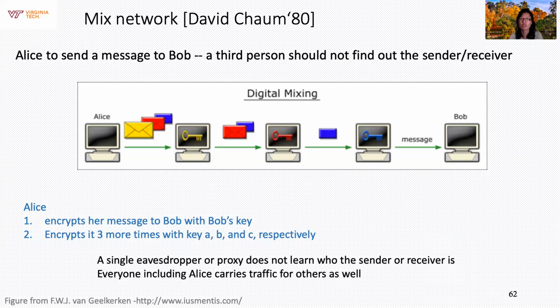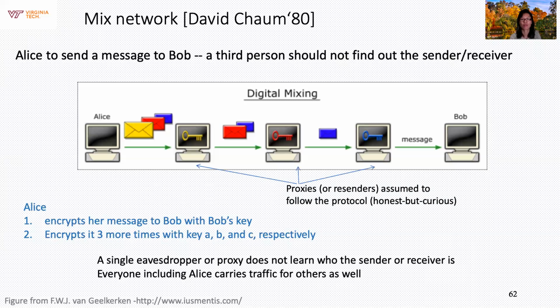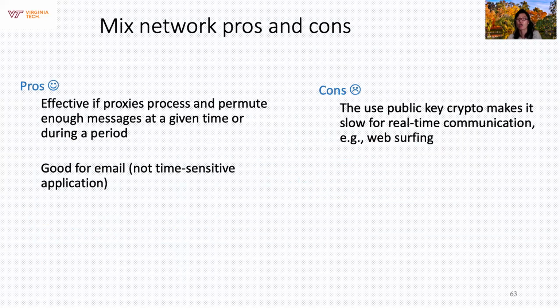So this is the basic concept of mix nets, and also of onion routing, and in general all these anonymous routing techniques. Of course it's going to be slow, and we assume the proxies follow the protocol. They would not say, oh, I dropped all the messages.